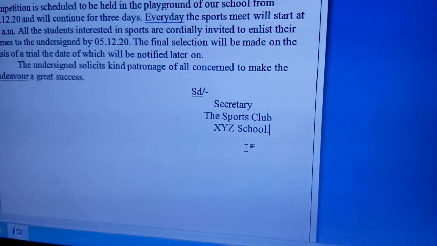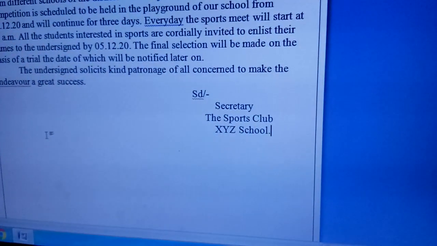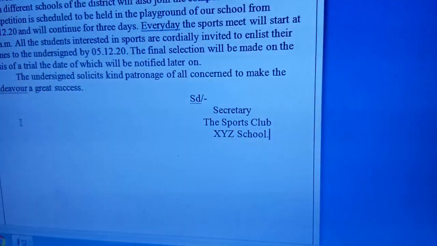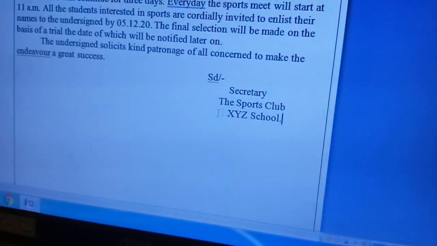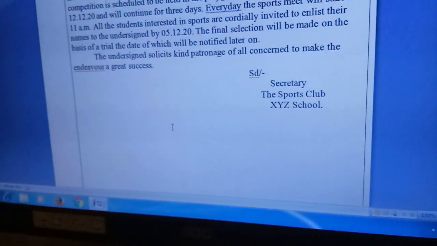Never disclose the name of your own school, because this is not valid, this is not legal so far as the Madhyamik examination is concerned.